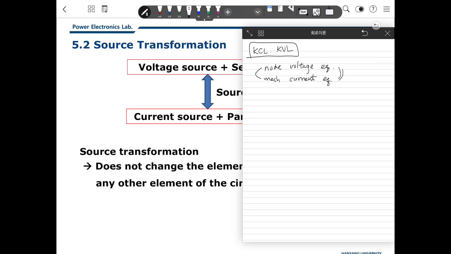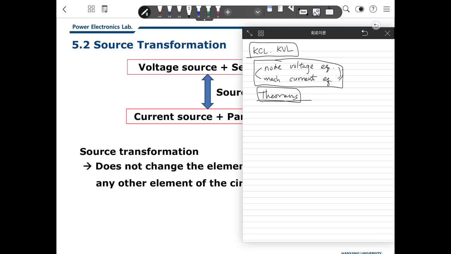In this chapter, we will study some theorems, which are very similar to these two procedures, node voltage equation and mesh current equation. So to simplify the electric circuit, we will use these theorems.